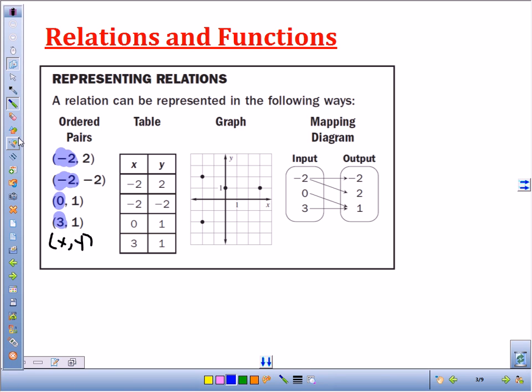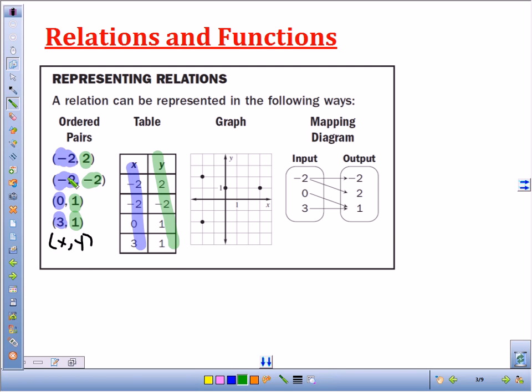And if this is the entire relation, then this is the entire domain. Now, the 2, -2, 1, and 1 make up the Y values, so they are the range. And you can see these values are repeated here for the X values and here for the Y values.